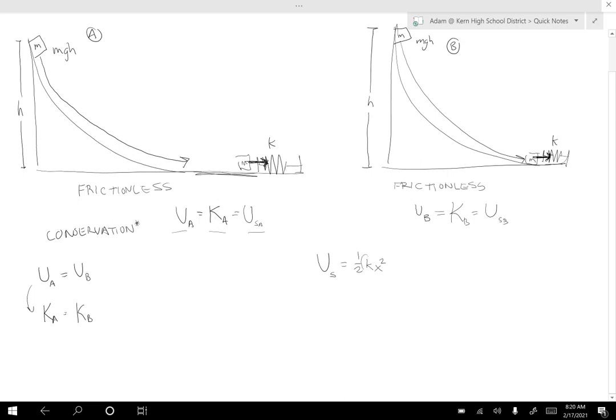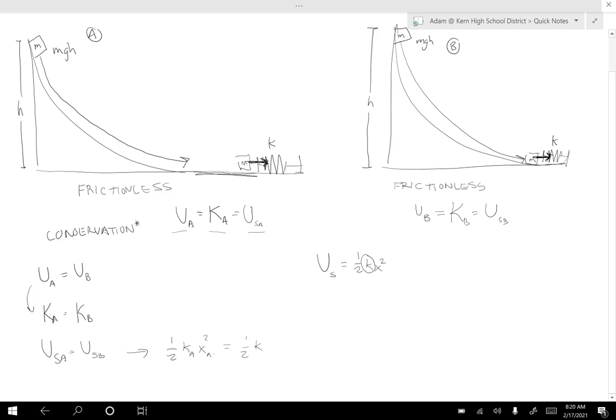Since these two have the same amount of energy, U spring A is equal to U spring B, and if we wanted to use 1/2 k_A x_A squared is equal to 1/2 k_B x_B squared.